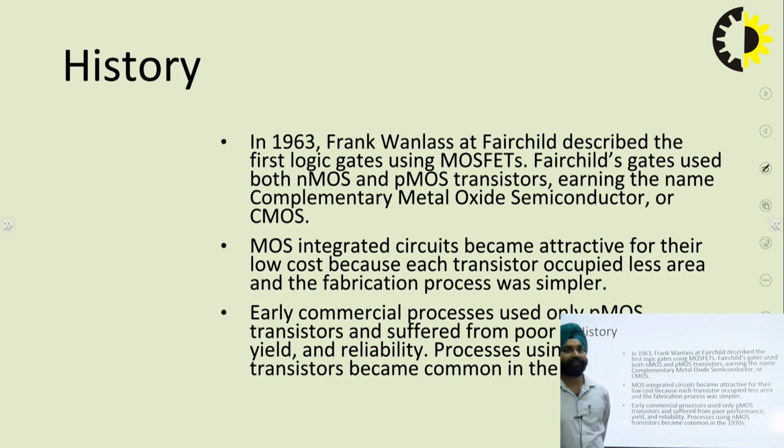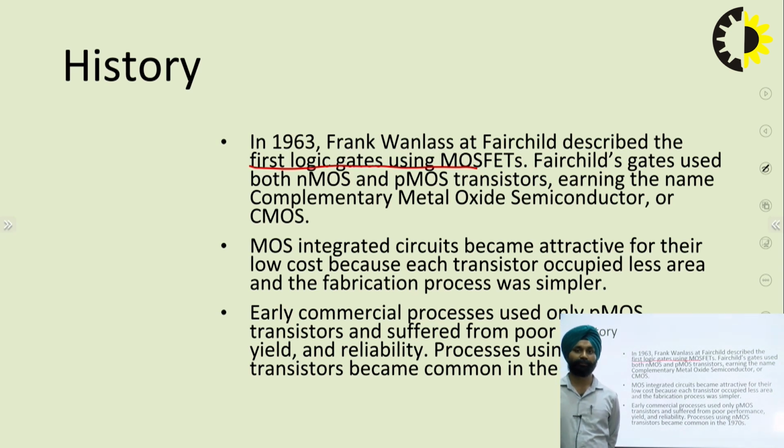In 1963, Frank Wanlass described that logic gates can be built using MOSFETs. That means we can create logical structures with MOSFETs. For this, they used both P and N type transistors.